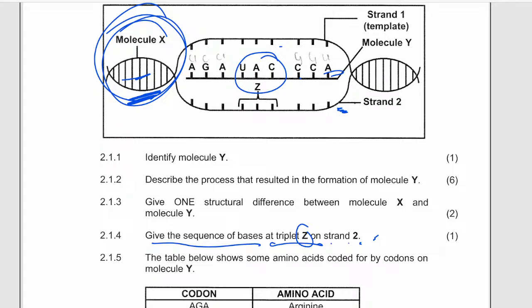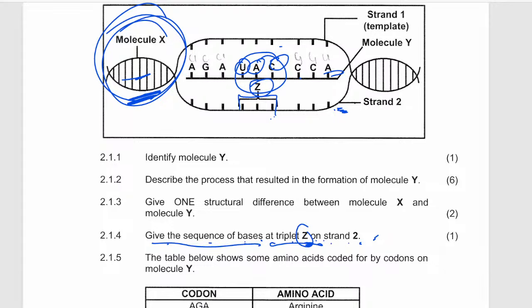Oh, so they are looking for DNA, because strand 2 is DNA. Give the sequence of triplet Z. Okay, triplet Z is this. Or is this triplet Z on strand 2? Okay, so if messenger RNA is this, so what is DNA? So it's gonna be, let's put it here so that you see it clear.